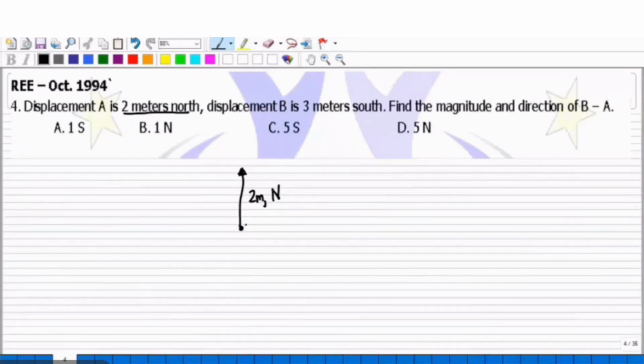Okay, 3 meters south. So, from the reference po, so, ito naman po yung ating displacement. Okay, so this is our vector. So, 3 meters, pero pa south siya.